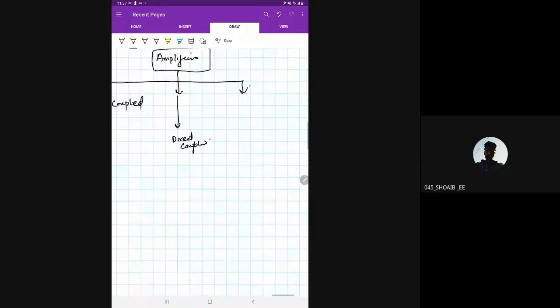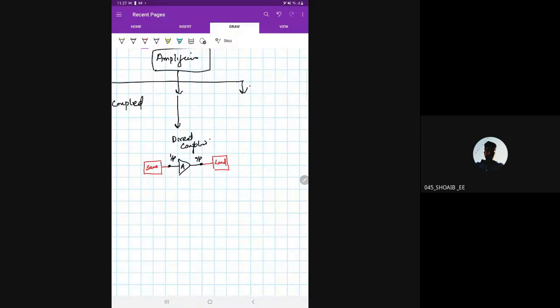Say for example, you have an amplifier here. This is an amplifier. This is its output. This is its input. Now see, input will come from certain source. ये source amplifier के साथ कैसे connect किया गया है? How is the source connected to the amplifier? And output will be connected to a load.